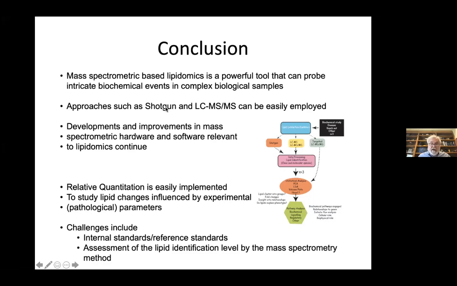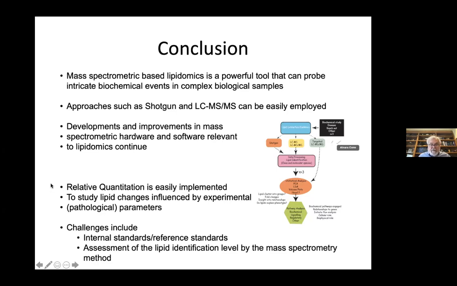You can use both shotgun and chromatographic based mass spectrometric approaches to help you analyze the lipid extracts and identify them. I think that the developments in the hardware, as you heard from both SciEx and from Bruker, are continuing to improve our ability to identify these compounds, and in particular software development.